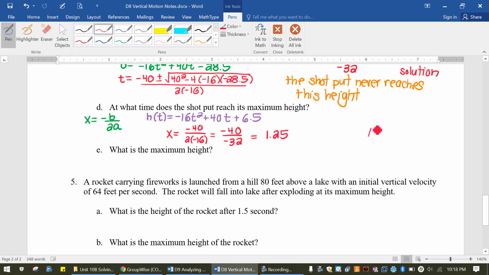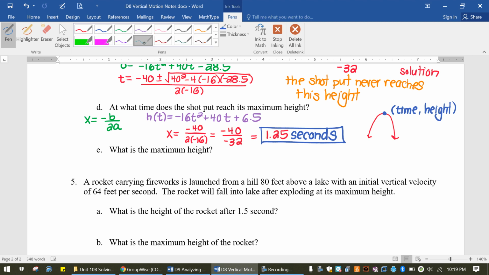Okay, so that means this vertex right here is the time it takes to reach that height. We just found the x-coordinate, so it takes 1.25 seconds to reach that maximum height.